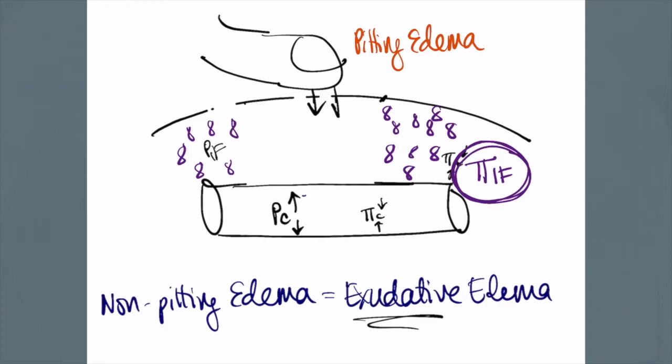Thumb pushes down and it raises the interstitial hydrostatic pressure, but in non-pitting edema, the interstitial hydrostatic pressure cannot equal or exceed the oncotic pressure because there's so many proteins. So when it's exudative, that force doesn't overwhelm the oncotic pressure of the interstitial fluid, and there is no pit.